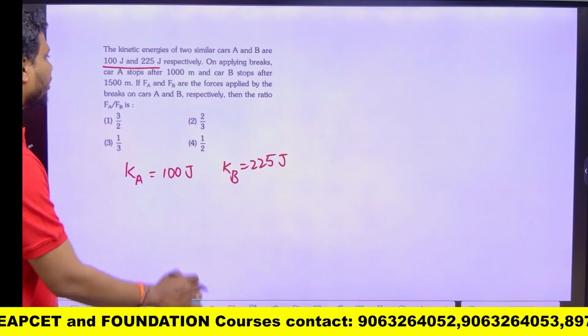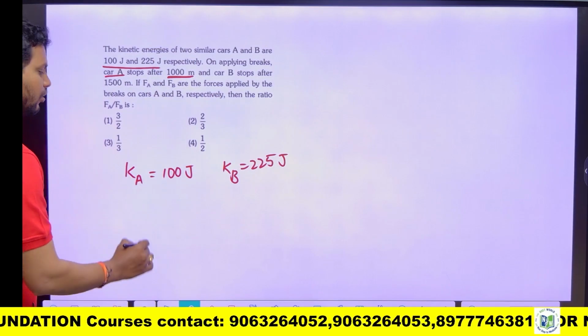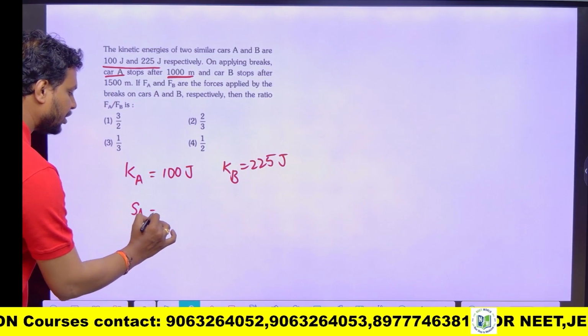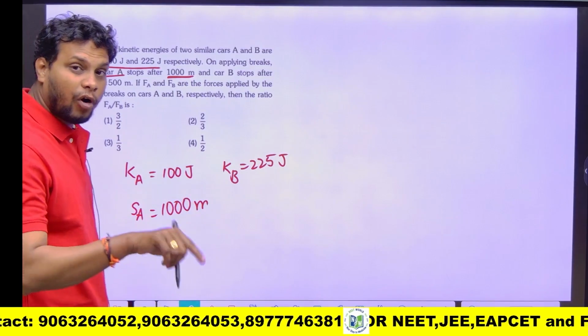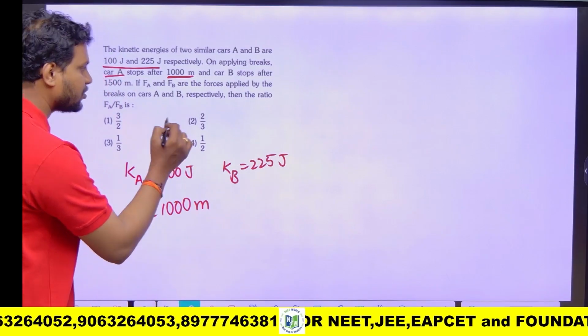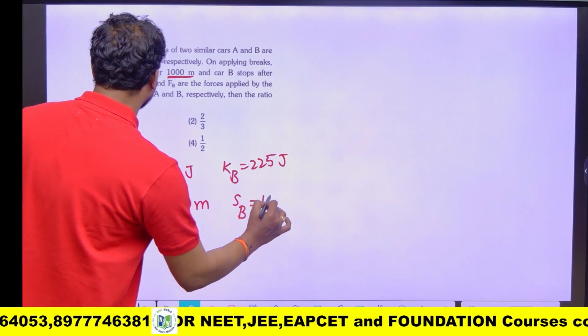On applying the brakes, car A stops after 1000 meter. So the displacement of car A is taken as 1000 meter from the point where it applies the brakes, and displacement of the car B is equal to 1500 meter.